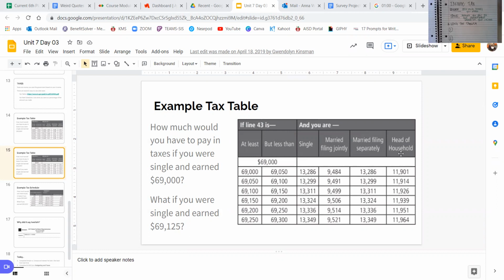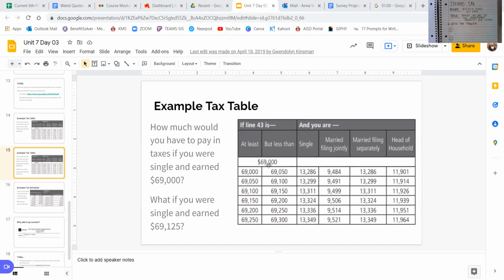Head of household is typically someone who may be filing taxes on behalf of not only their family, but another family as well. It kind of just depends. If you categorize as a single person, married person, or a head of household, when you do your taxes, you fill out a little form and it tells you, you should file as this kind of person.